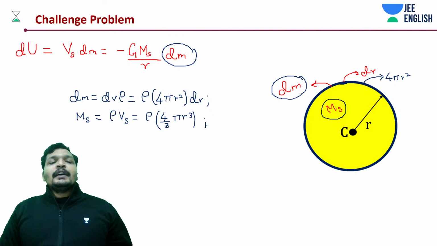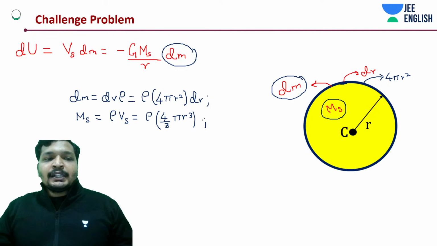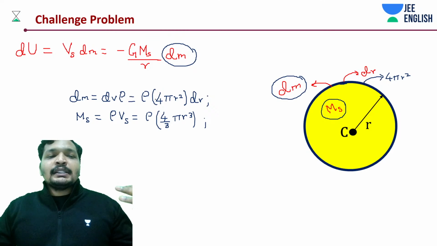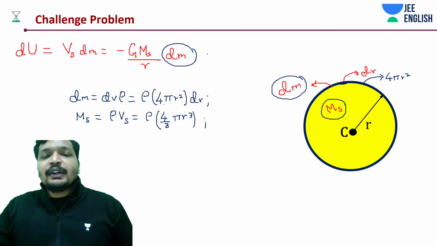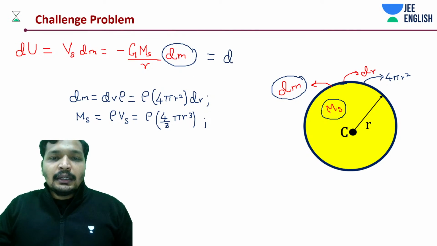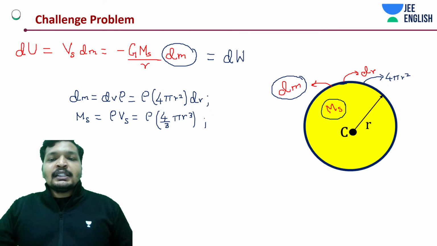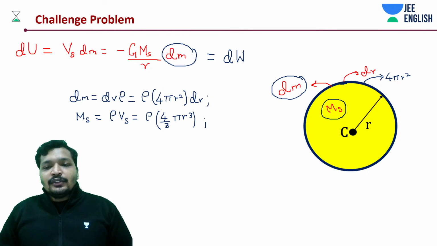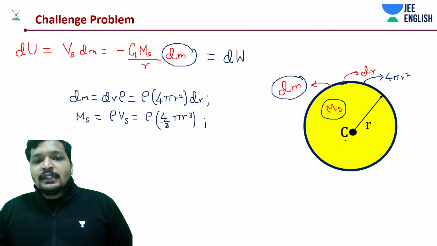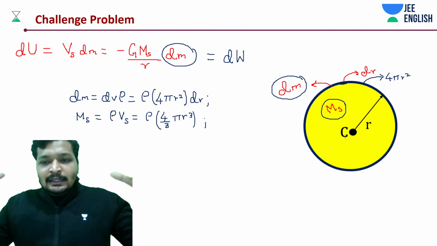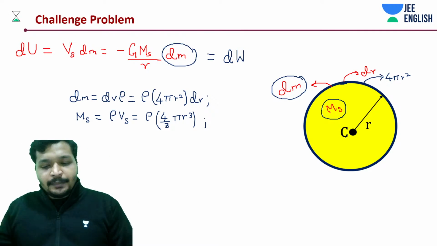We substitute both these values, and we'll be getting the potential energy, that elemental work done. It's basically not even elemental potential energy, I would rather call this elemental work done, because already there is a potential energy associated with this small sphere. So it's like the work done to assemble this shell. Okay, let's move on then.